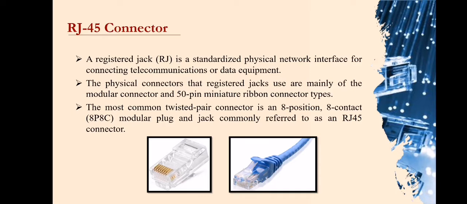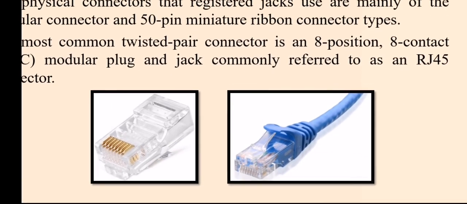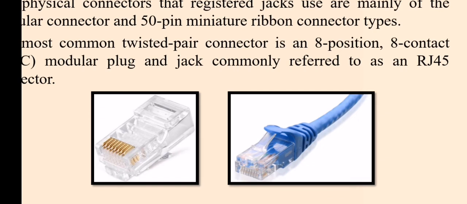Since Ethernet cables have an RJ45 connector on each end, Ethernet cables are sometimes also called RJ45 cables. As you can see in the second picture, the end of the UTP or the STP cable is the RJ45.